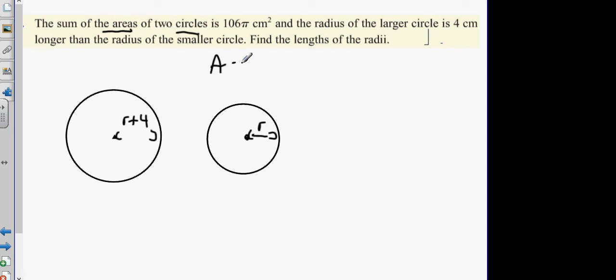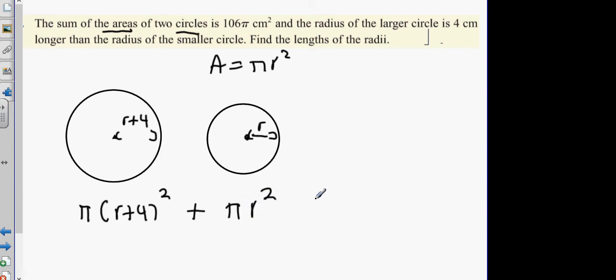Area of a circle is pi r squared. So therefore the area of the big circle would be pi multiplied by (r plus 4) squared. The area of the smaller circle is pi r squared. When you add them together, you get 106 pi.